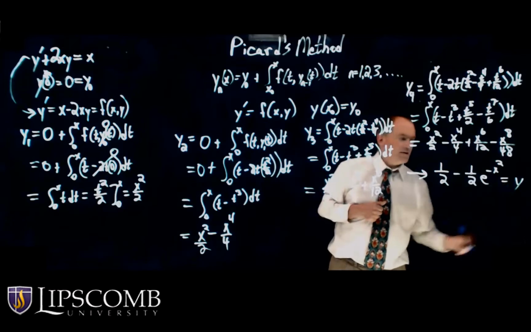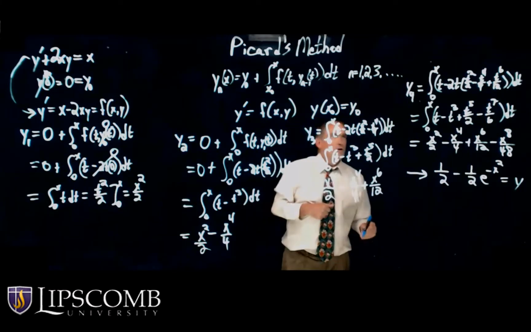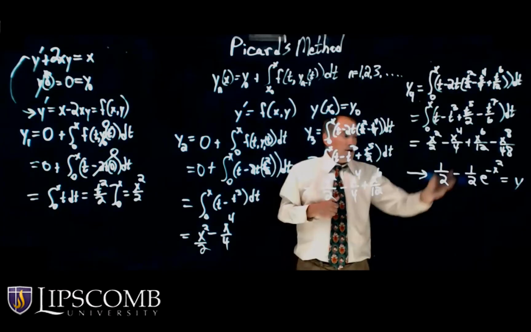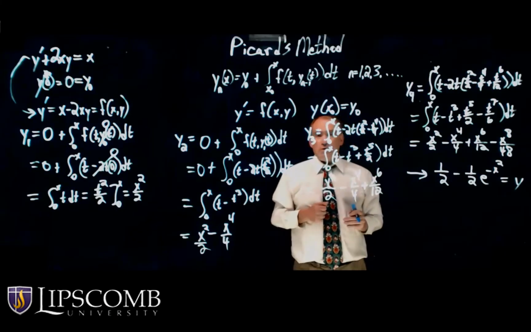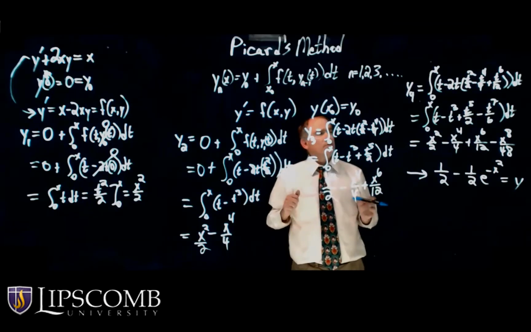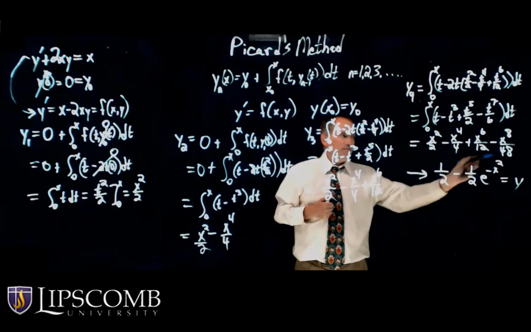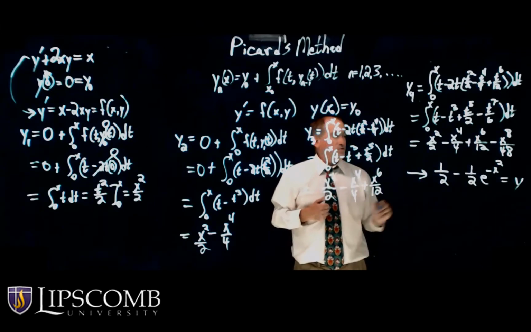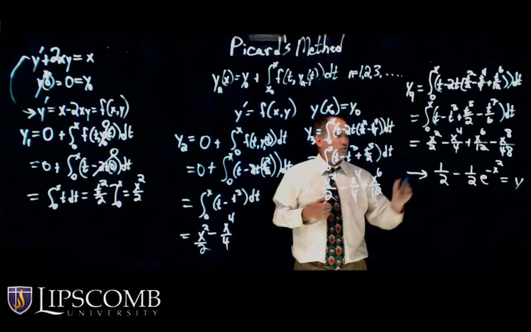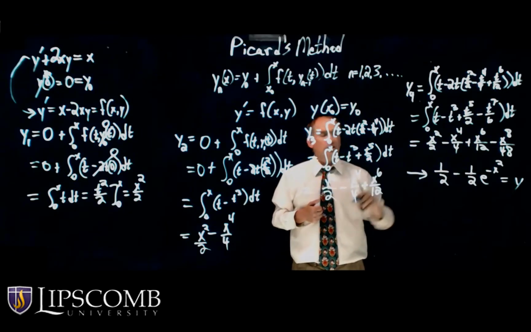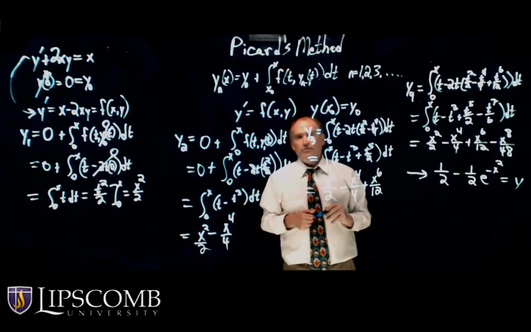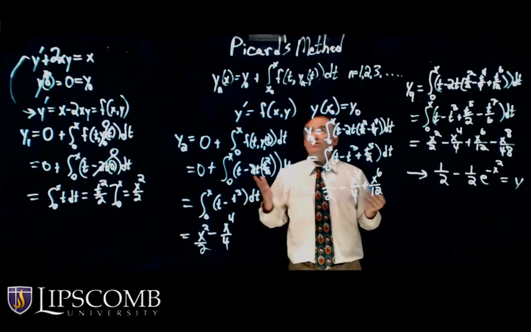And that is my solution. Numerically, you would keep on going depending on how close you want to get, and there are all sorts of formulas to tell you how close you are and give you bounds, but I can find the series here. It's 1/2 minus 1/2 e to the minus x squared, because this is related to the e to the x formula. So that's Picard's method.